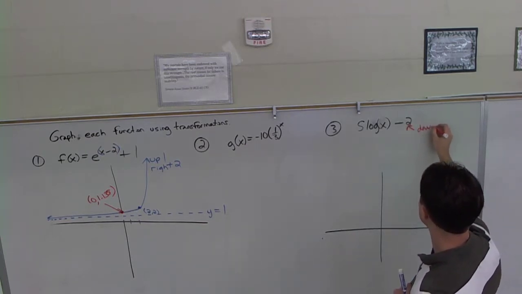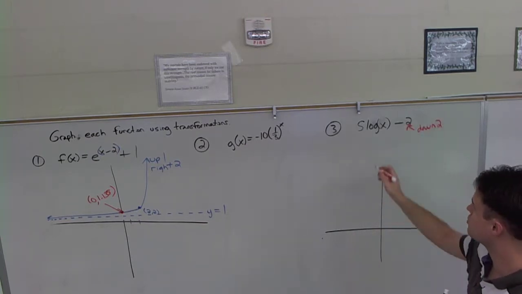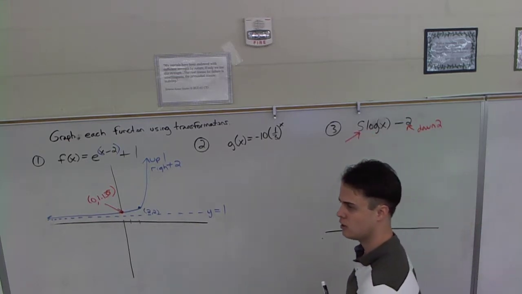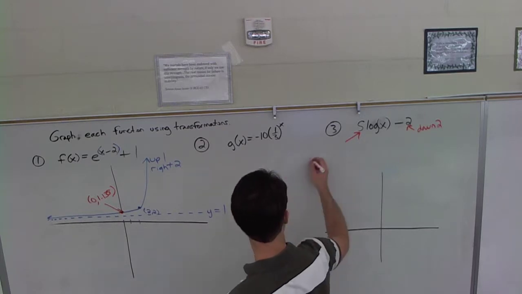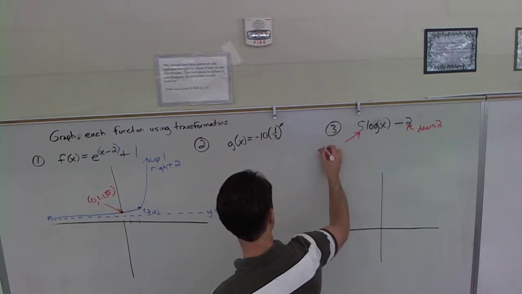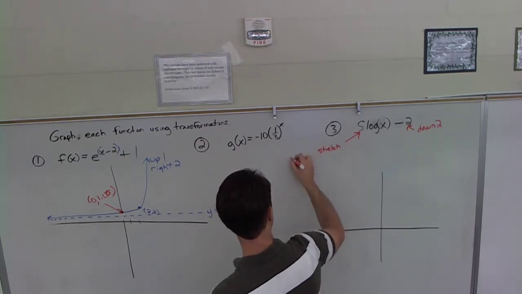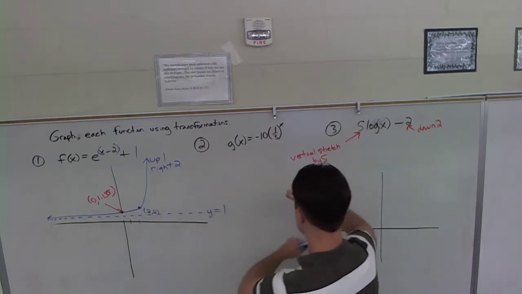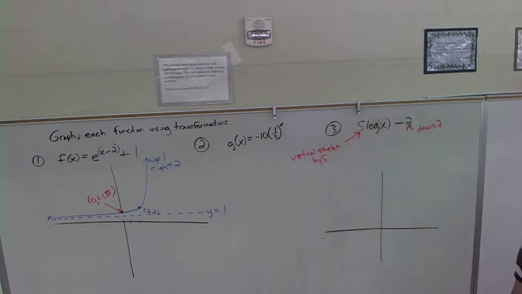So that's outside, so yes, it's down 2, and what's this 5 do to it? It's multiplied. It's outside, so it's also vertical. It's going to be a vertical stretch by 5. So it's just going to be stretched up a little bit, just like our parabolas were stretched up and got narrower. So then you've got to know, okay, what's the basic shape for a logarithm?